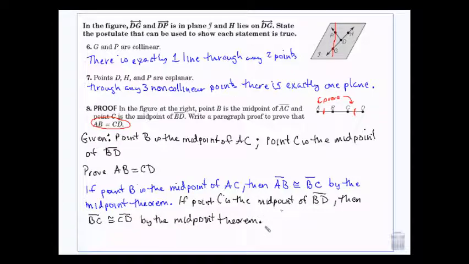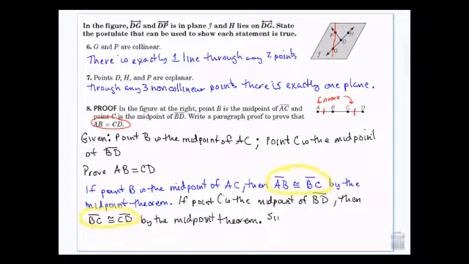Okay. Now let's stop and think about this for a second. We have AB is congruent to BC, and we have BC is congruent to CD. Where do you think we can go with that? AB is congruent to BC, and BC is congruent to CD, then AB is congruent to CD. Perfect. Yes.